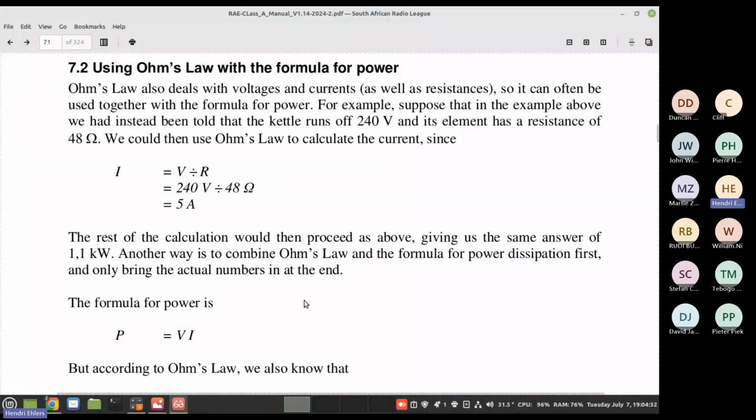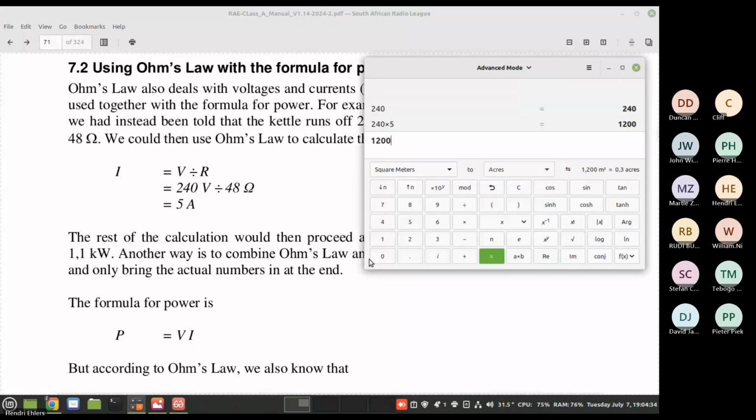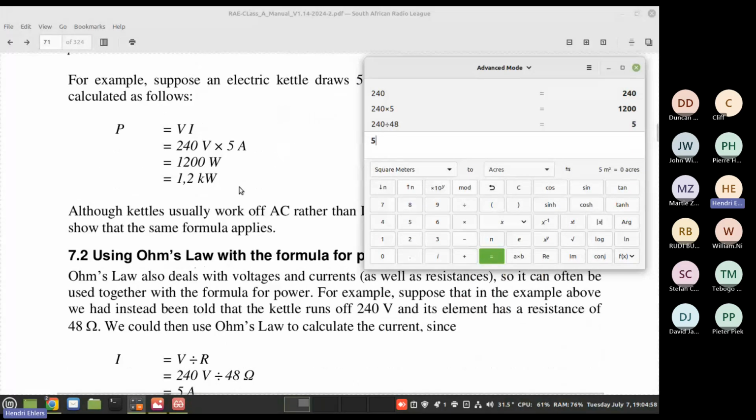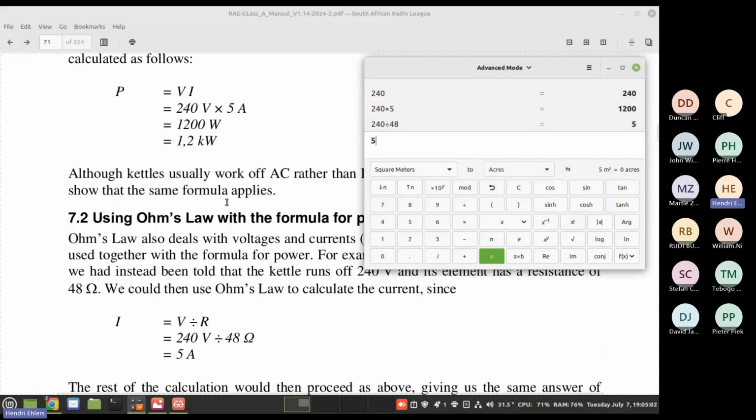So if we do that calculation, it's 240 divided by 48 equals 5 amps. That is correct. But I would have asked to calculate the resistance from this, but they didn't.